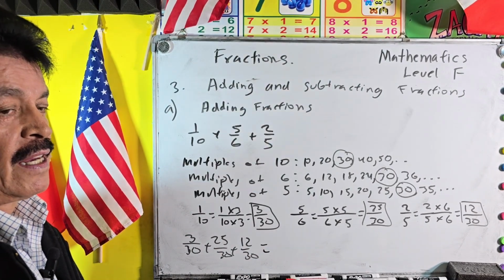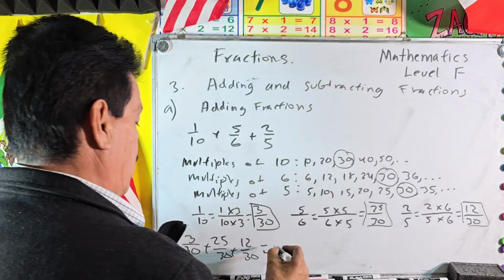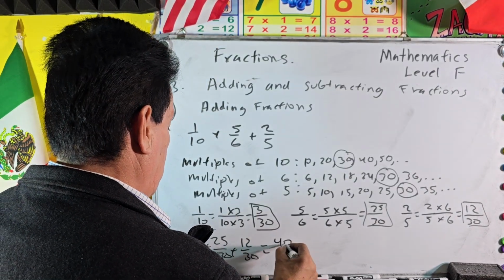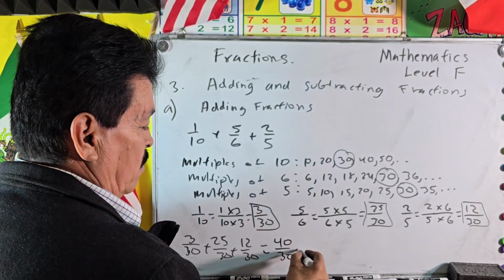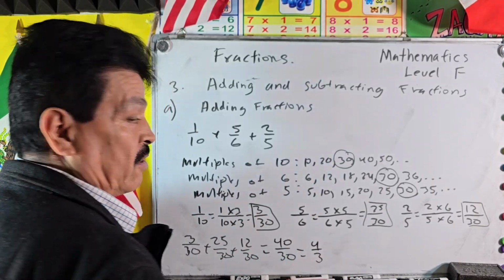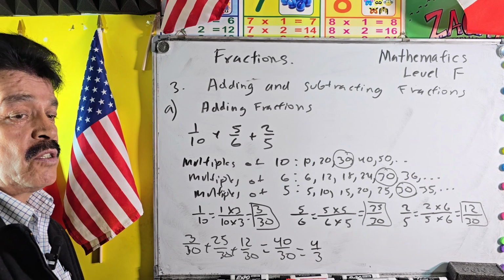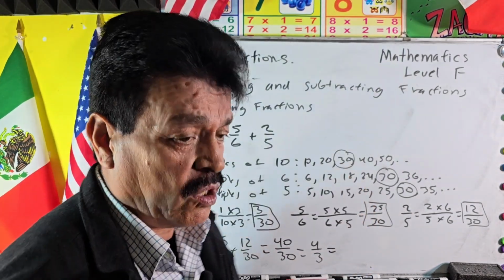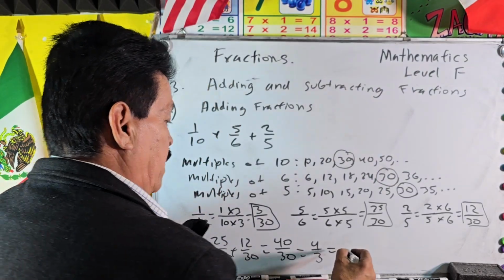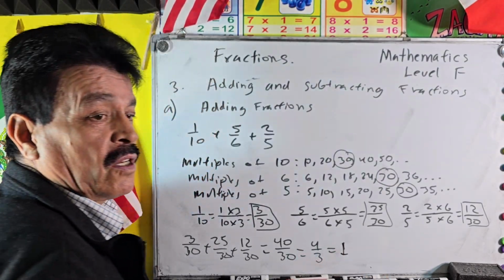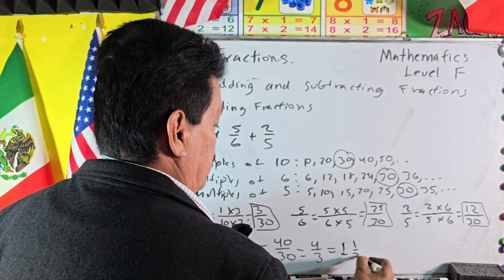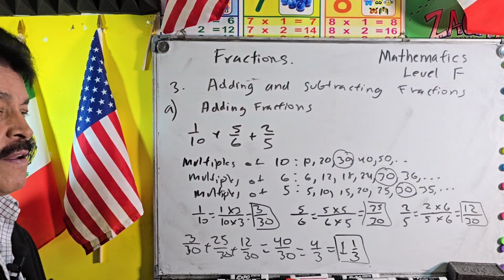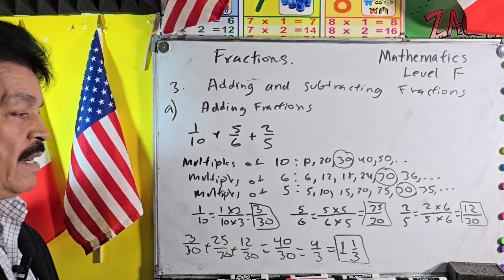If we simplify, cancel the zeros, it equals 4/3. Remember, at the beginning of the class I talked about mixed numbers. It equals 1 1/3. That's the answer. Okay, very easy.